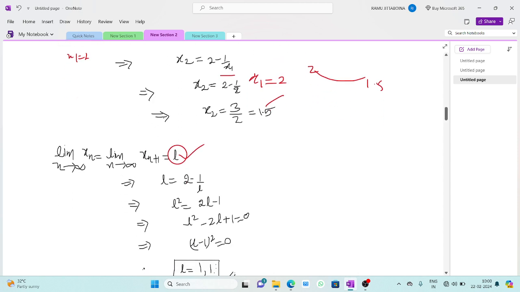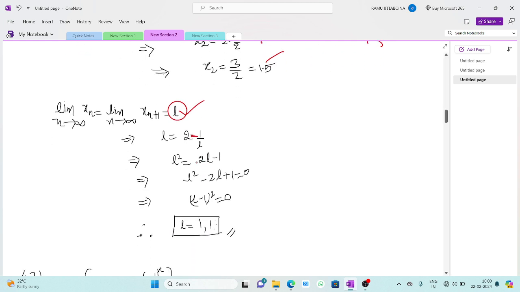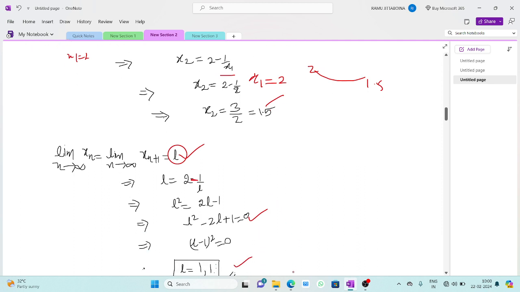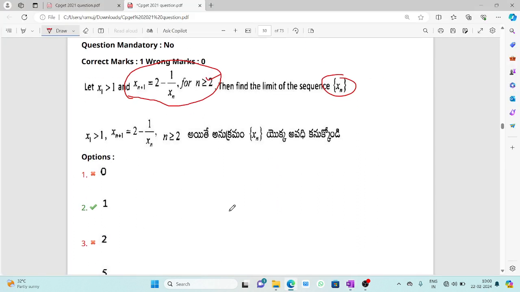So I get L equal to 2 minus 1 by L, and if you take the LCM, we get L square minus 2L plus 1. From that we get L equal to 1, 1. So clearly this sequence is decreasing and the limit value of this sequence is going to 1. So that is the correct option.